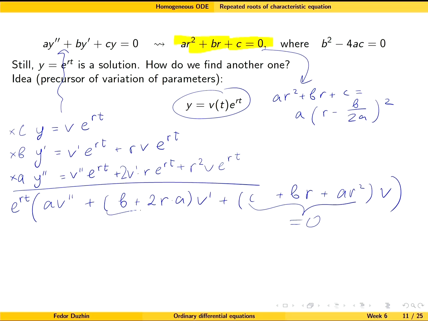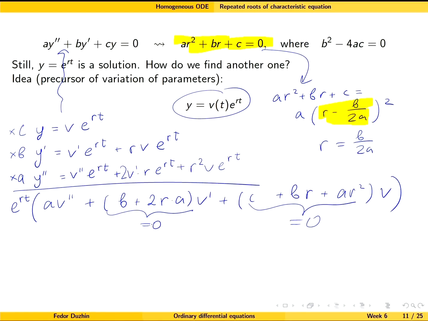Alright, now let's look at this. b plus 2ra, but notice that r equals b over 2a, which means that this part is 0 too.